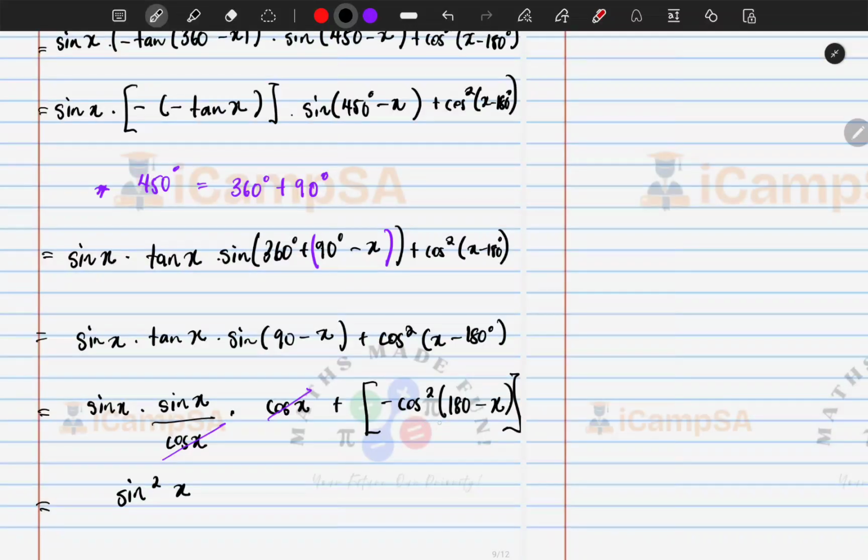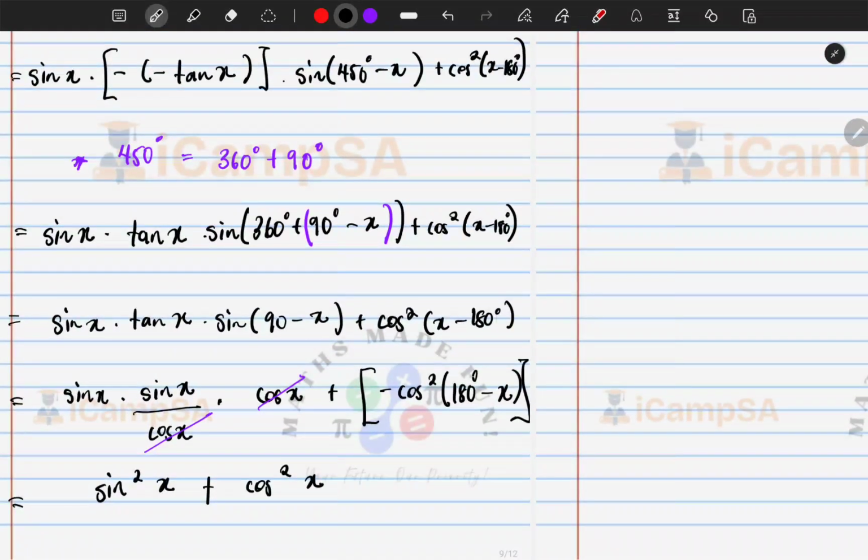And then from here I have cos, right? I will take it as cos 180 minus, right? So where is 180 minus? 180 minus is in quadrant 2. And how is cos in quadrant 2? It's negative, because only sine is positive. So this is going to be negative times negative, which is going to give us a positive cos squared x.